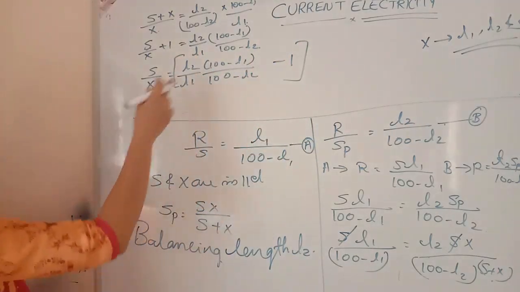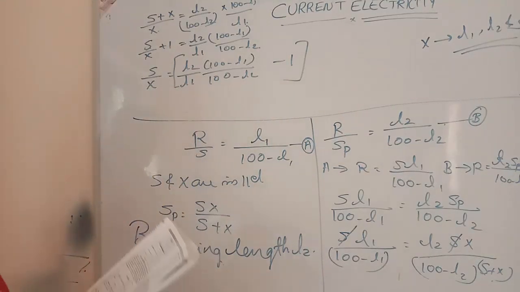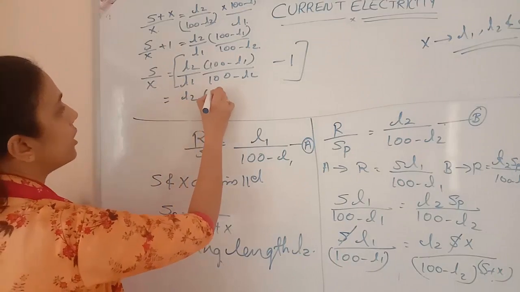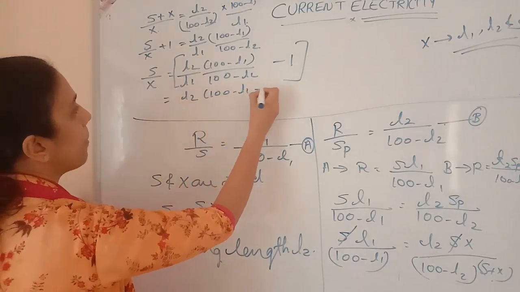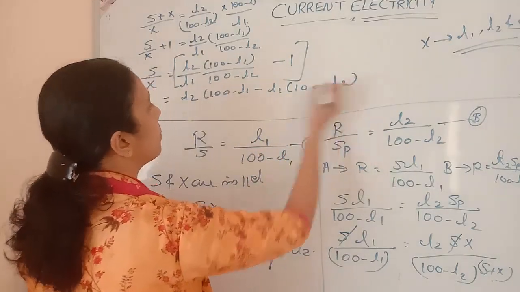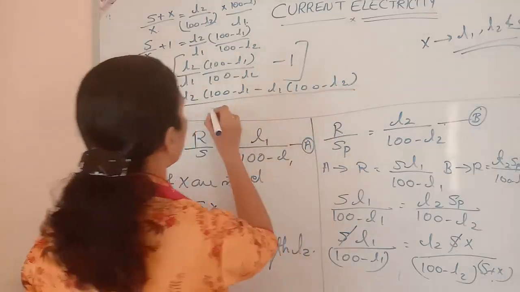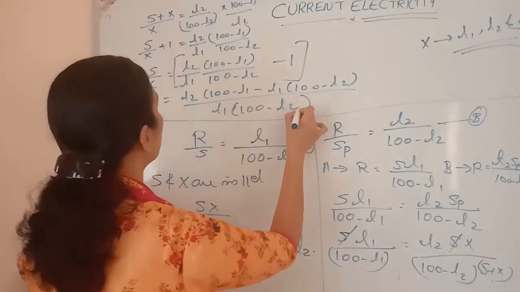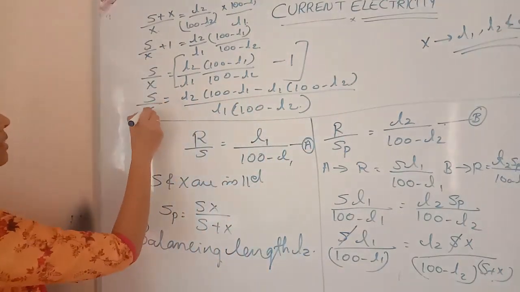Okay, so we can solve this and find out the final answer. So this one is L2 into 100 minus L1, minus L1 into 100 minus L2, divided by L1 into 100 minus L2. Okay, that is S by x.